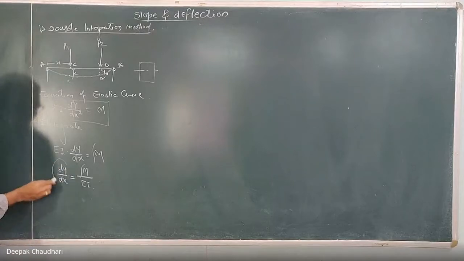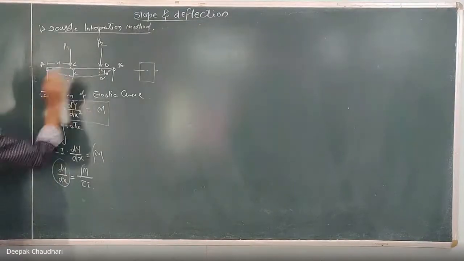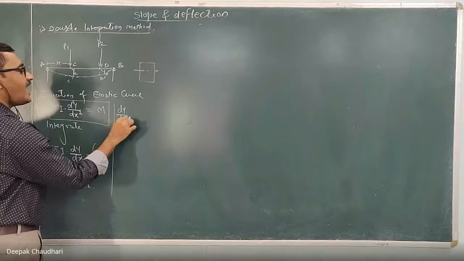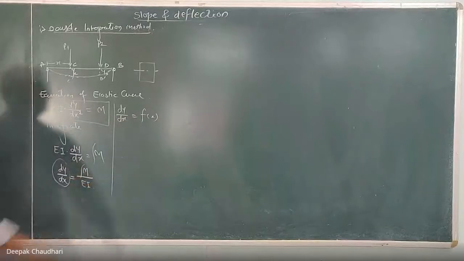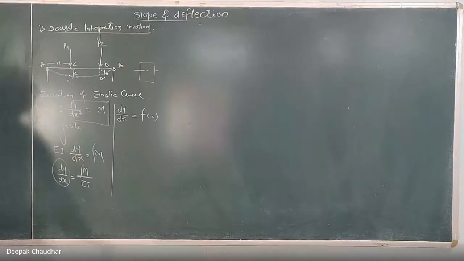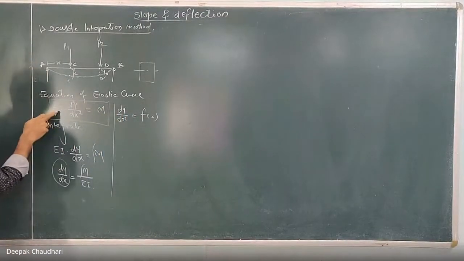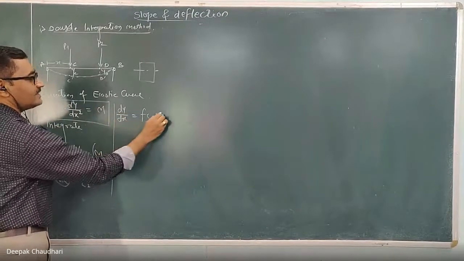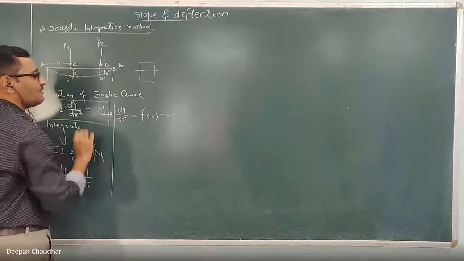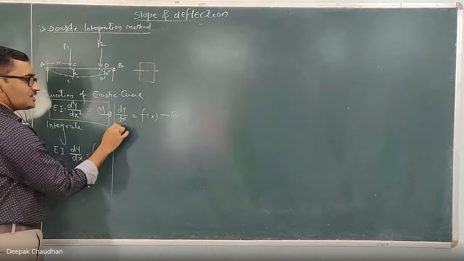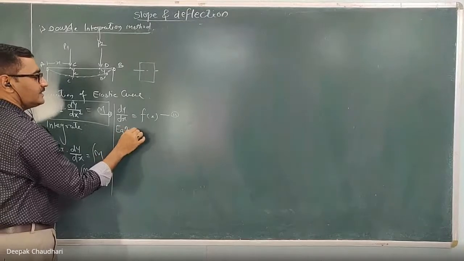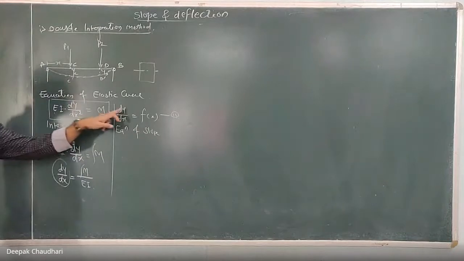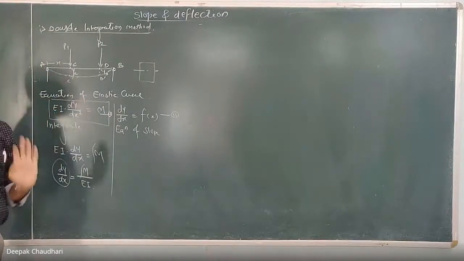This dy by dx gives you the slope, as some function of x if you simplify this. If you integrate the differential equation, you will get the equation of the slope. Suppose this is equation number 1 and this is equation number 2. So equation 2 represents the equation of slope, and dy by dx represents the slope of this curve.